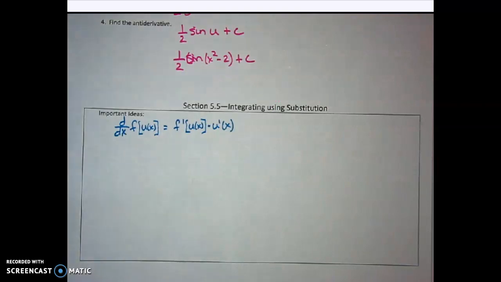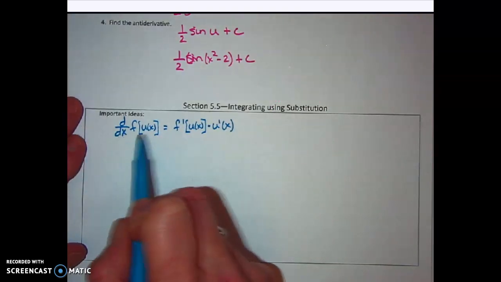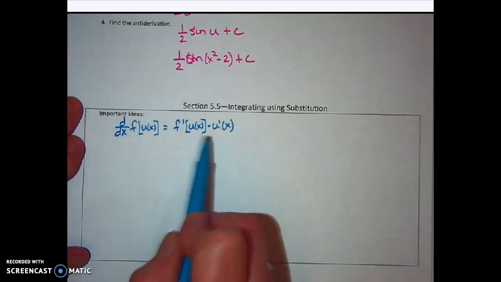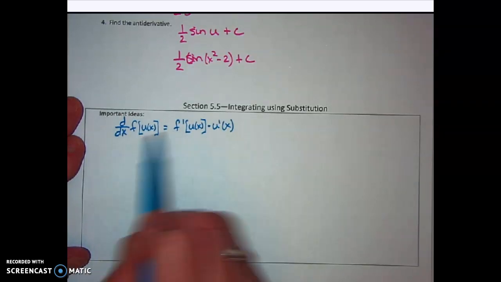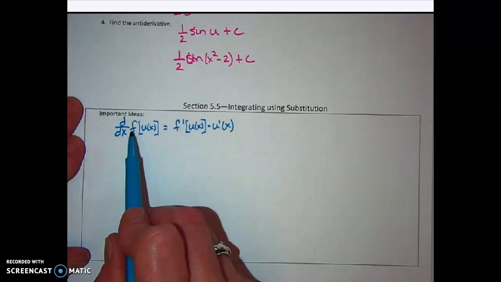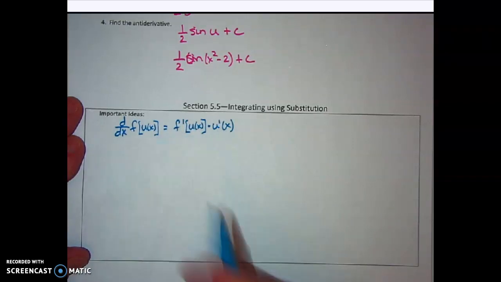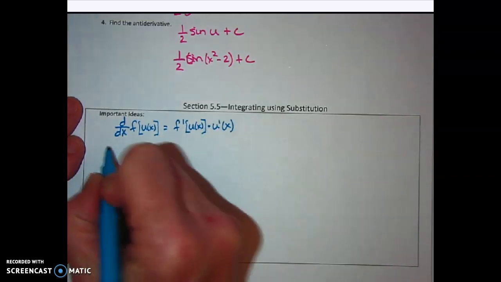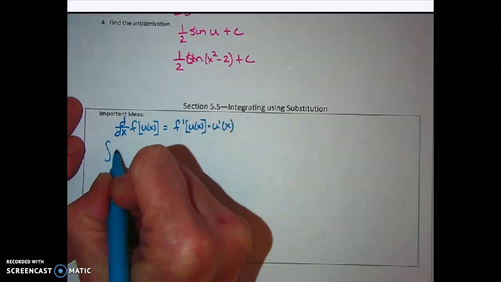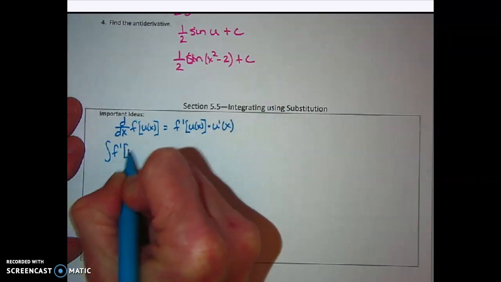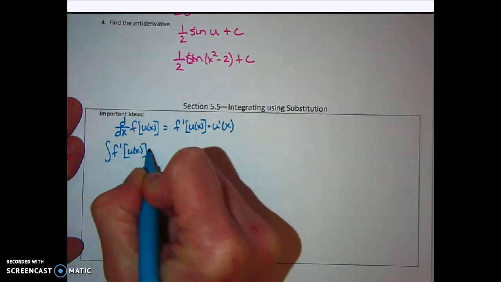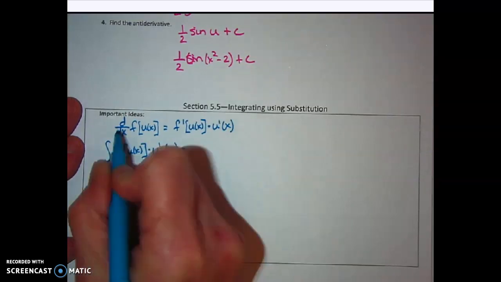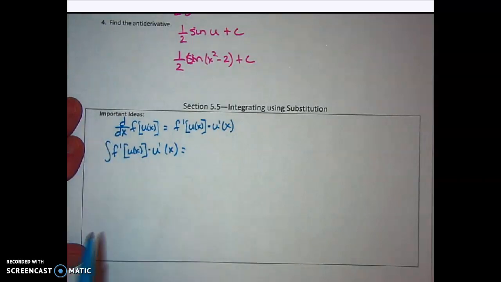So the big idea here is we need to remember that if I have a composite function where I have an inside function and an outside function, I need to use the chain rule. This is just the chain rule. We're taking the derivative of the outside function, the f function, times the derivative of the inside function. And then remember that if I were to take the integral of that right side, so the integral of f prime of u of x times u prime of x, I would be taking the integral of the left side as well.